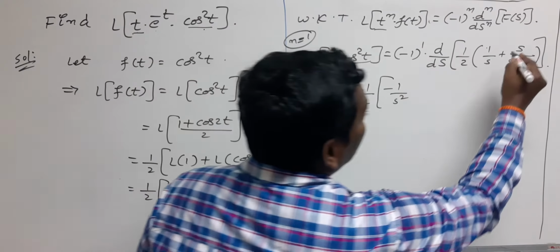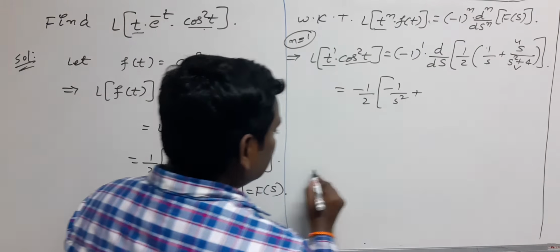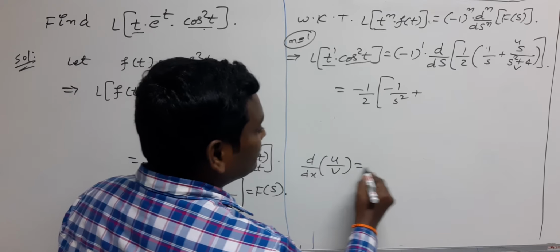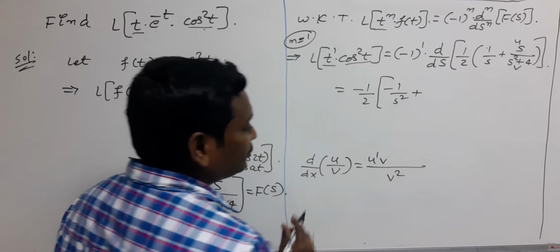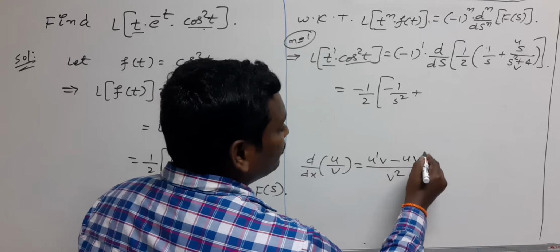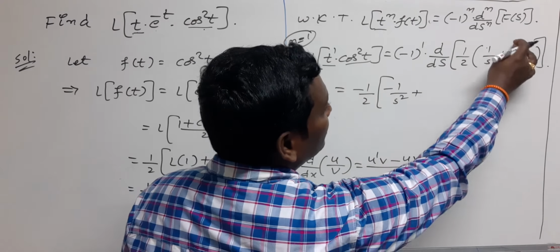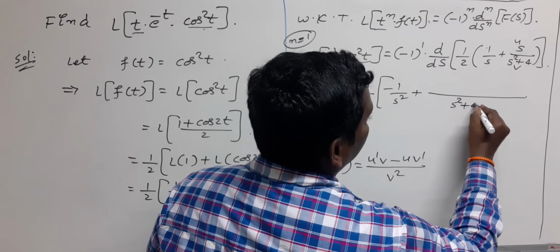For the second part, you should apply division rule. Okay. What is the division rule in the derivatives? U by v is equal to, first write the denominator whole square, derivative of the numerator into v minus u into derivative of the denominator. By using this formula, write the derivative of s by s square plus 4, denominator whole square.